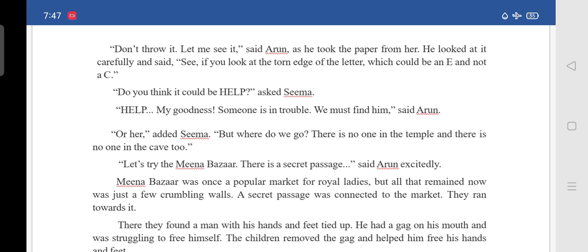Crumbling means breaking or cracking into pieces, so it is completely spoiled or collapsed now. A secret passage was connected to the market. So that secret passage was connected to this Meena Bazaar. So they ran towards that Meena Bazaar.